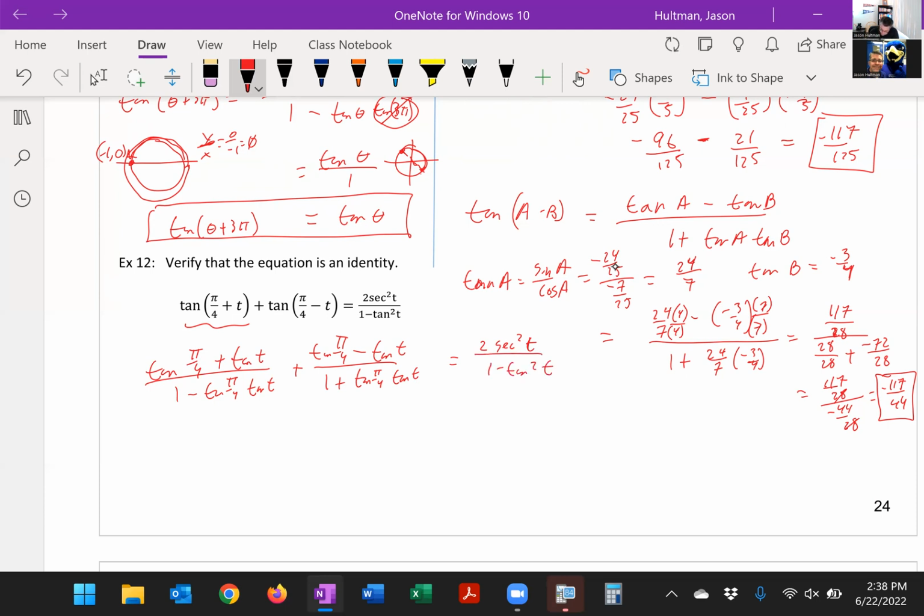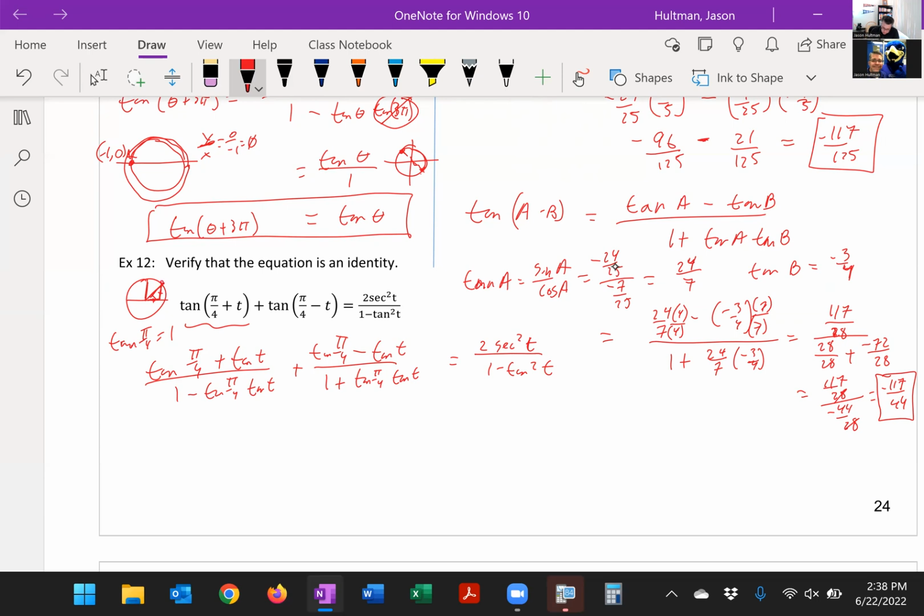Let's work on the left side to see what we can get here. The tangent of pi over 4, by the way, is just 1. So keep that in mind. From the unit circle, remember, pi over 4 is 45 degrees. And so the tangent is just 1 over 1, because x and y are the same thing. It's a 45, 45, 90 triangle.